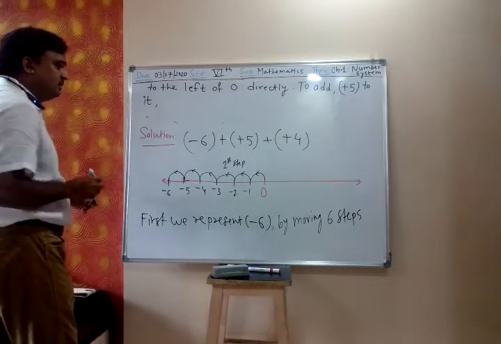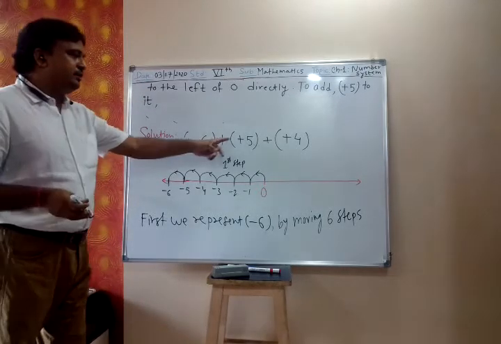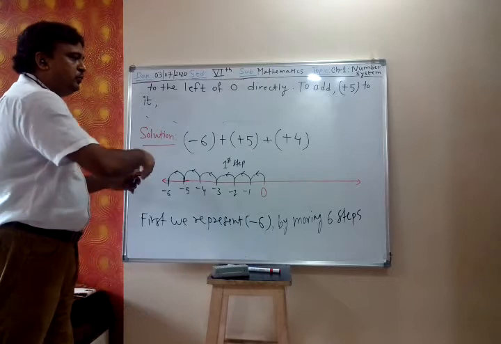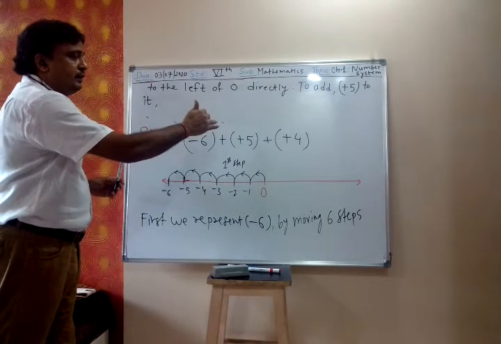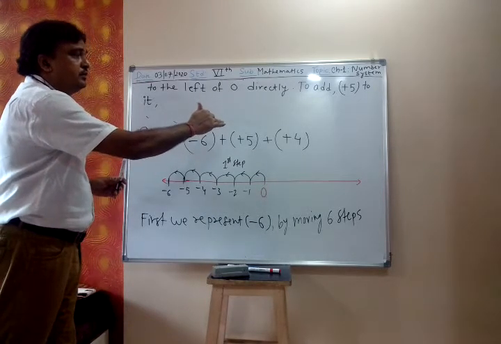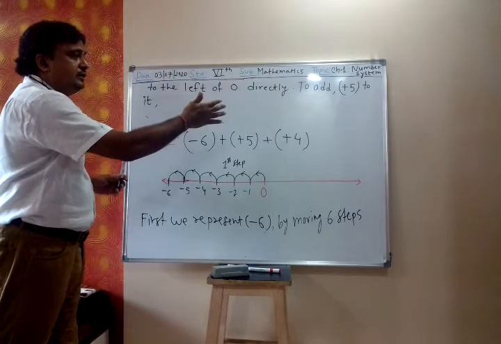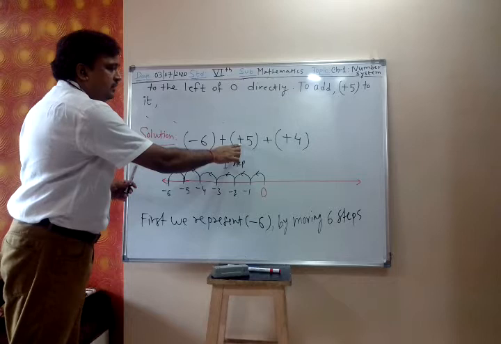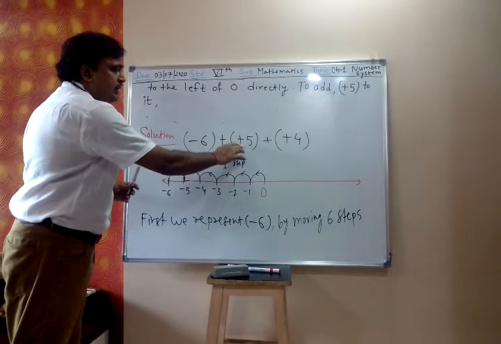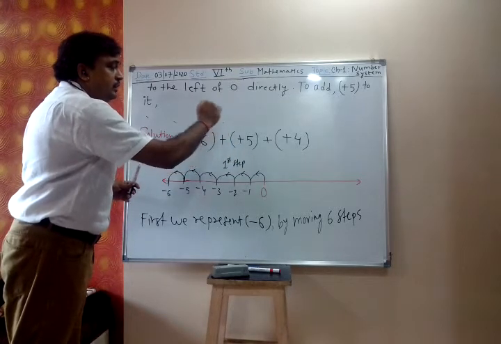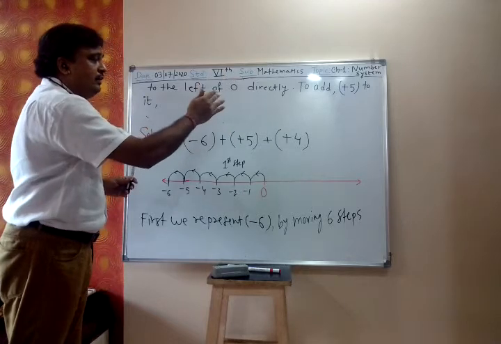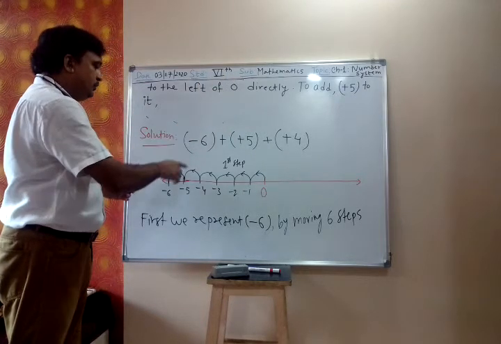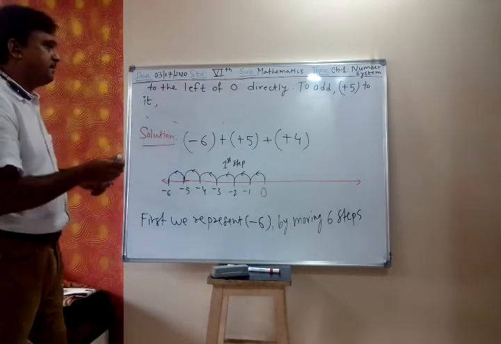What will you do? Plus 5 means you have to jump. Plus means add. We want to add plus 5, so I will take 5 jumps to the right of minus 6.